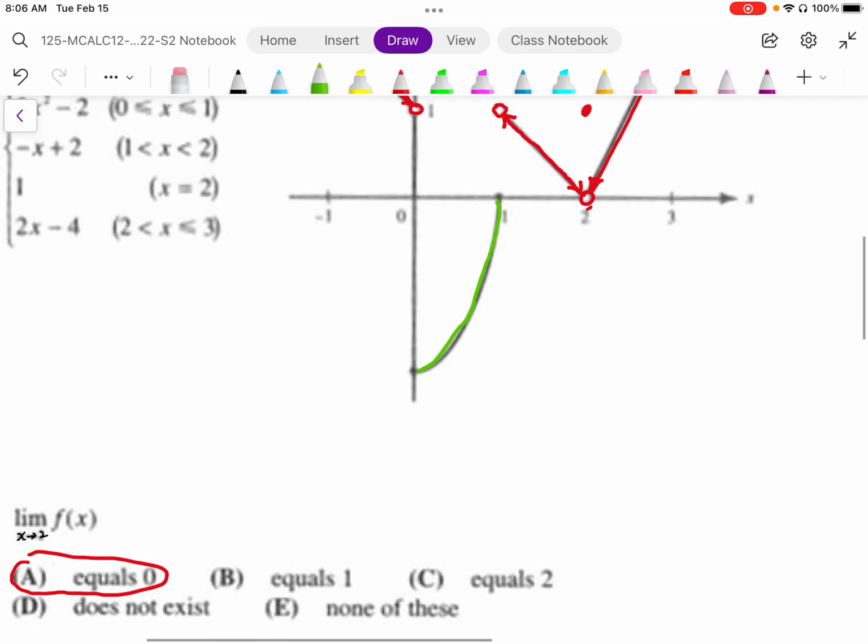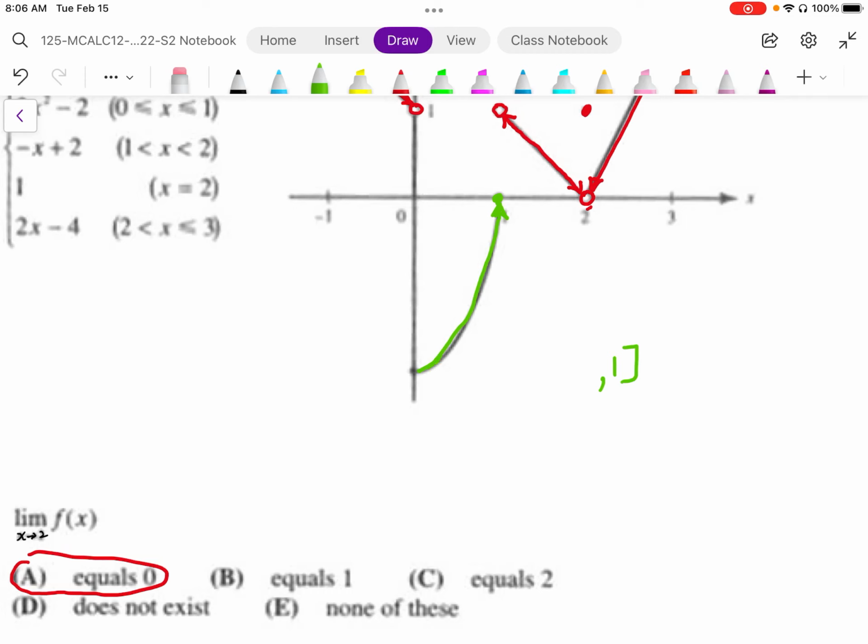Now, in this interval here, if we were to look at the limit as we approach that endpoint from the left-hand side, it is defined. So in fact, it's not only the interval from 0 to 1, we actually include 1 as a point of continuity. It's actually continuous at 1.